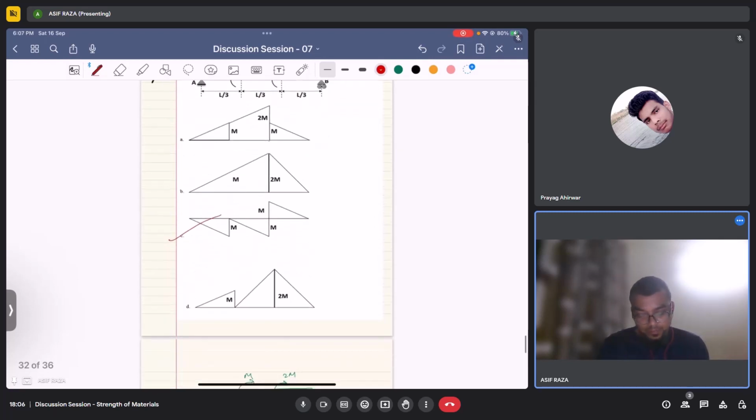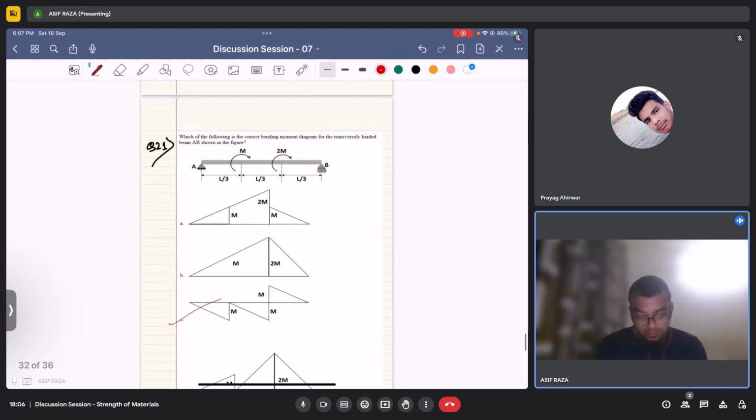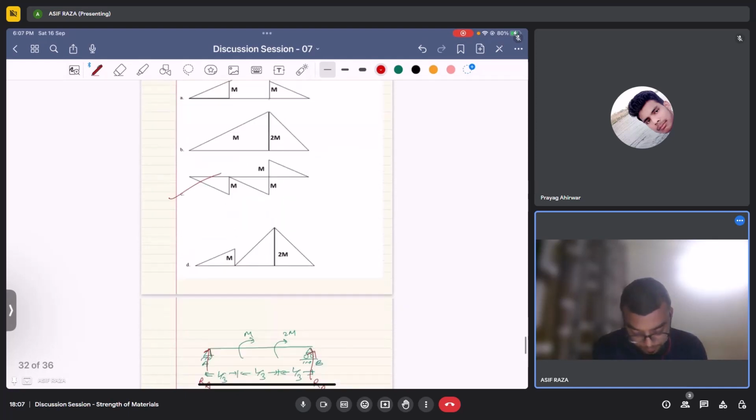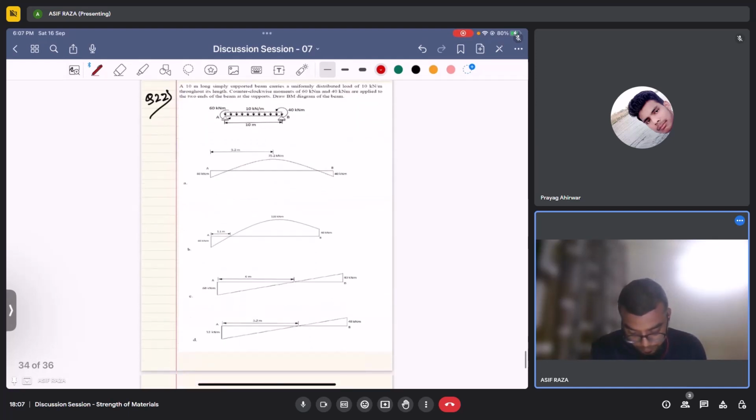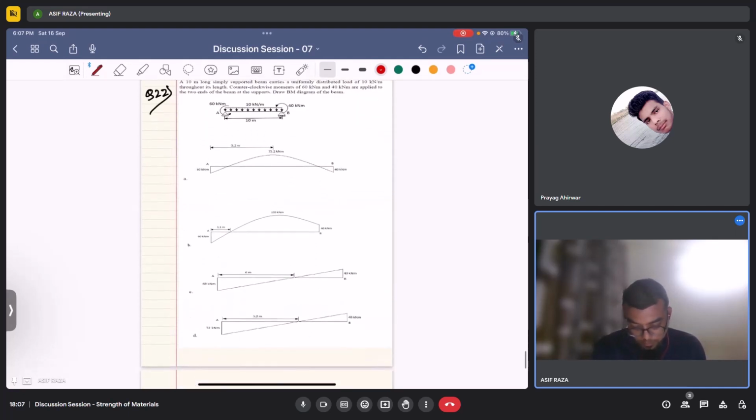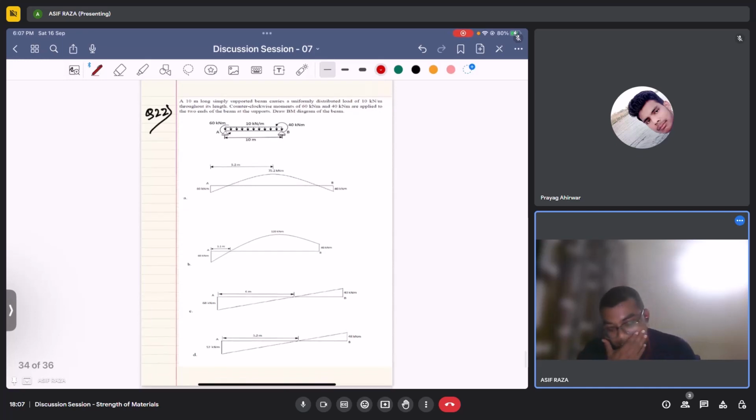Okay. Now moving on to the next question. Question is a 10-meter long simply supported beam carries a UDL of 10 kN throughout its length. Counterclockwise moment of 60 kN and 40 kN applied to the two ends of the beam at the supports.